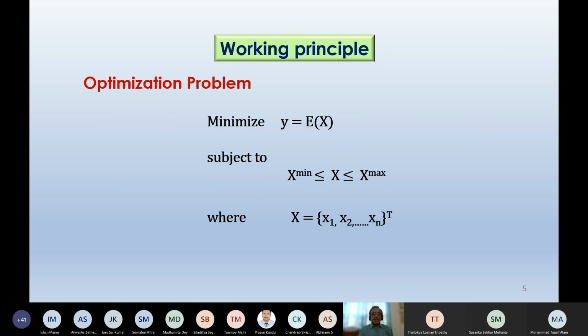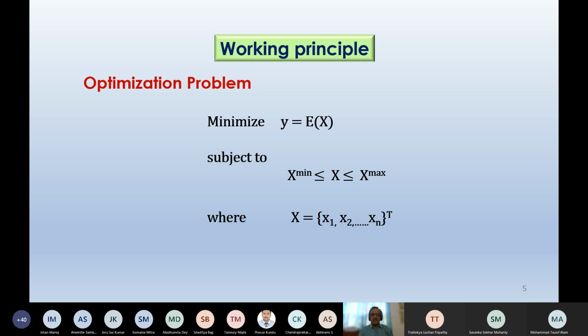Now to discuss the working principle of this simulated annealing, let me take one very simple problem. Our aim is to minimize y. y is a function of capital X. What is capital X?